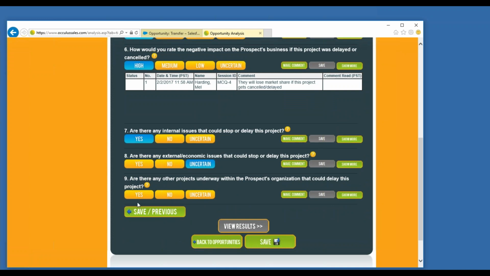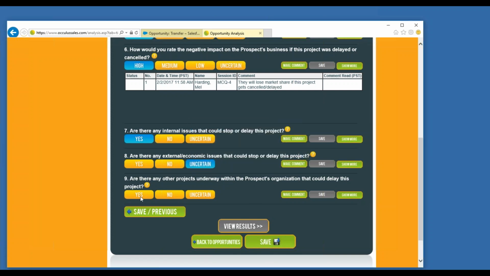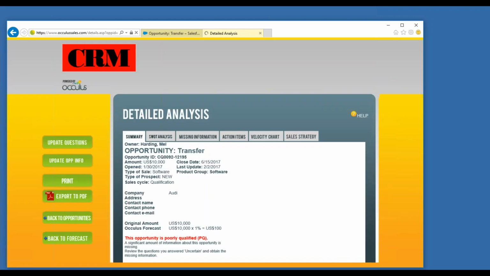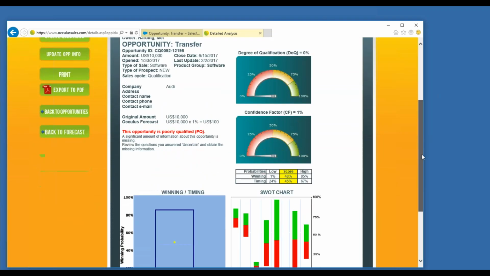Before I answer this question, you notice that the View Results button is disabled. Please answer all questions. So when I answer this question, the View Results button is now activated, and I can click the results. Yes, I want to save these changes. And now we go to the results.